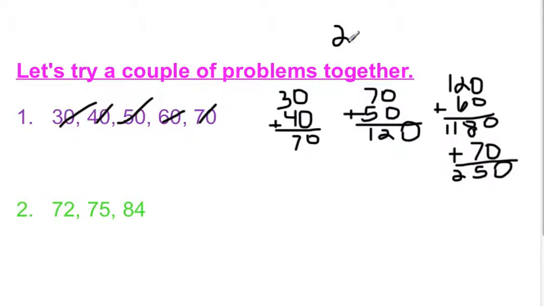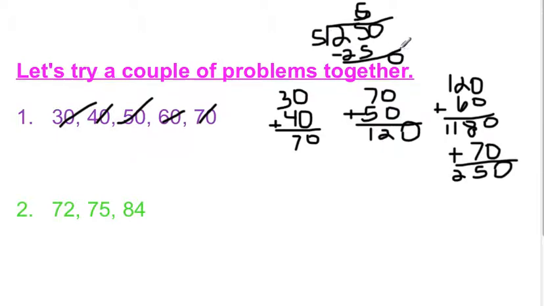So 250 divided by 5. Well, 5 can't go into 2, but it can go into 25. Oopsie, it goes in there 5 times. I'm having a little hard time there. 5 times 5 is 25. Then subtract. And then we bring down the 0.